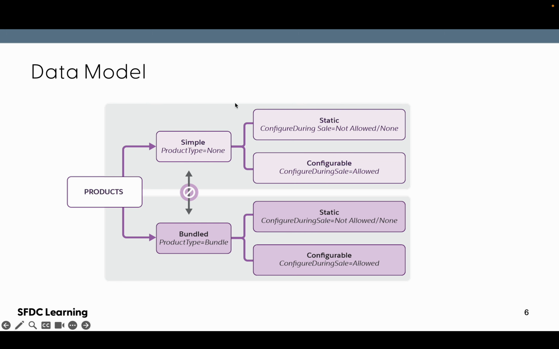We have already seen the simple one and we are going to see the bundled one now. A bundle can be static or configurable as well. If you make it static, then it won't be configurable, so you won't be able to change anything at runtime. But if it is marked as configurable, then reconfiguration is allowed and you don't have to stay with the static structure only.